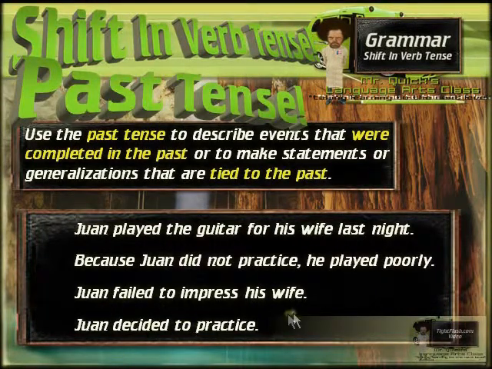Juan decided to practice. So we definitely want to make sure that when we are dealing with verb tenses and we're talking about chronological order, as we can see in these sentences here, and in this multi-clause sentence with even two verb tenses, we see how they are connected. The chronology: this happened first, then that happened, then that happened.